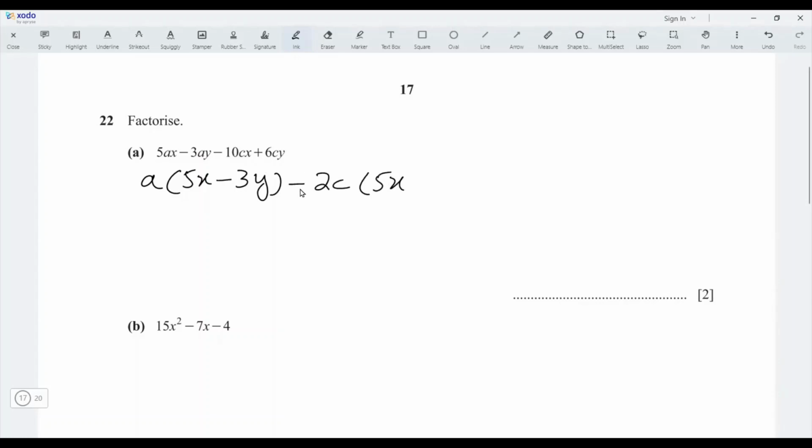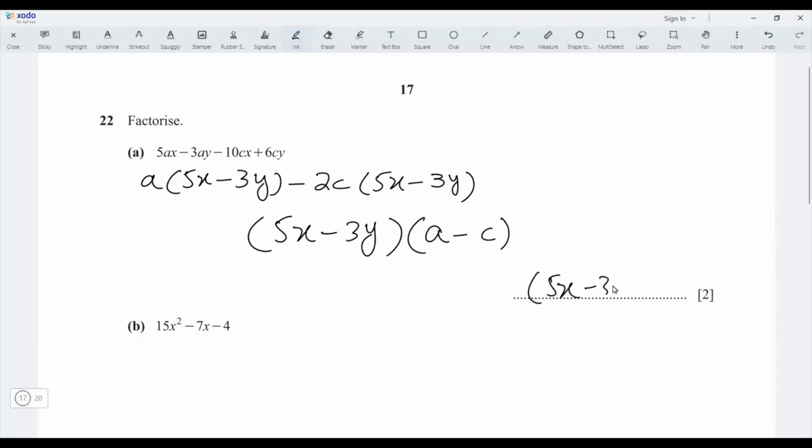The sign will be changed because the third term's negative sign is taken as common. So minus 2c times 3y will be written as it is. So 5x minus 3y will be written one time, and on the other side of the bracket is a minus c. So 5x minus 3y times (a minus c). This is the final answer of this.